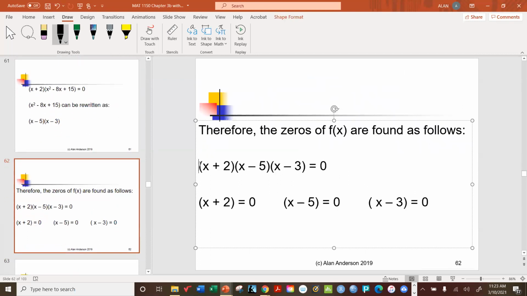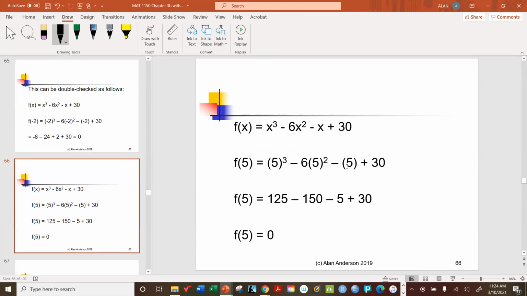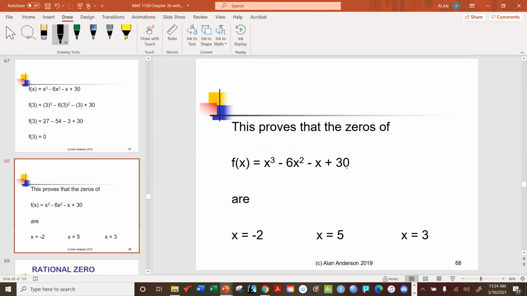In other words, if you had started with that cubic equation, it would have been difficult to find all three of these. But by using division to simplify, that became much simpler to find all these factors, and then, of course, the corresponding solutions.